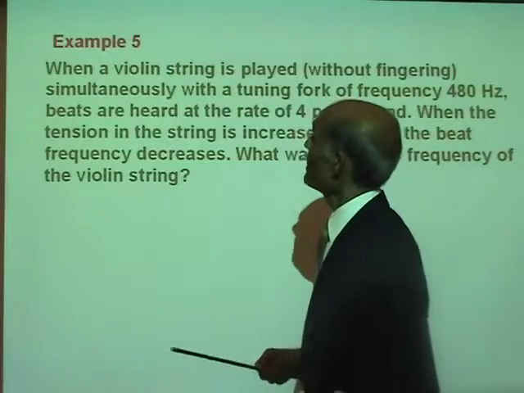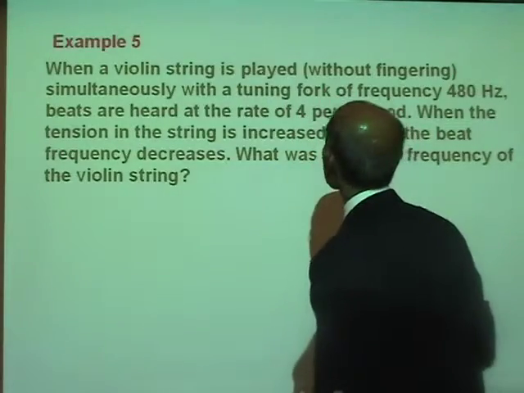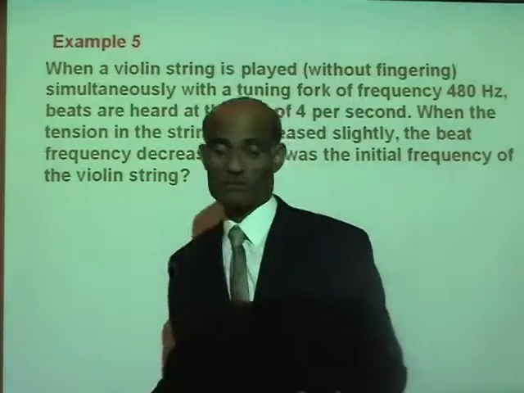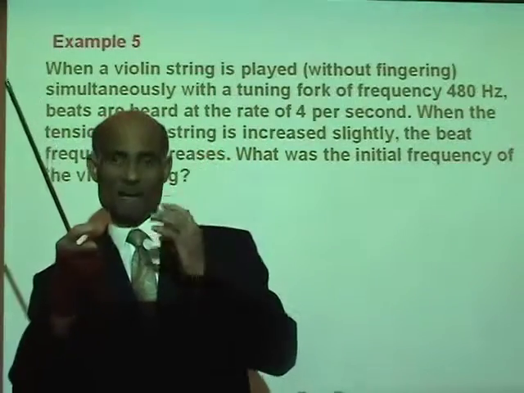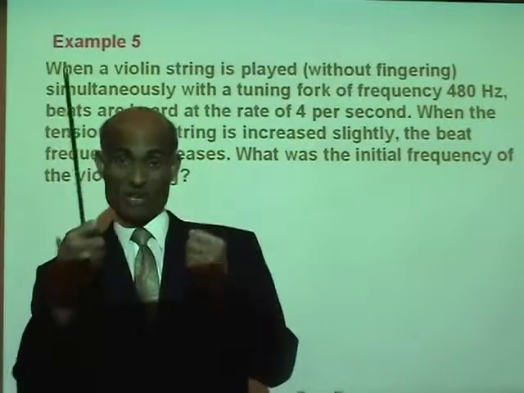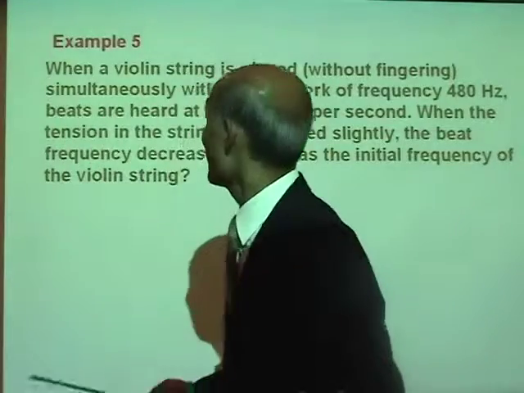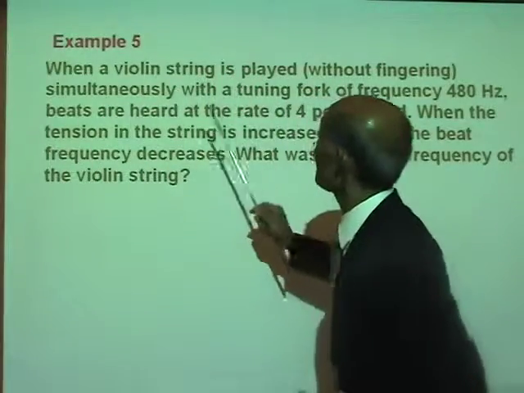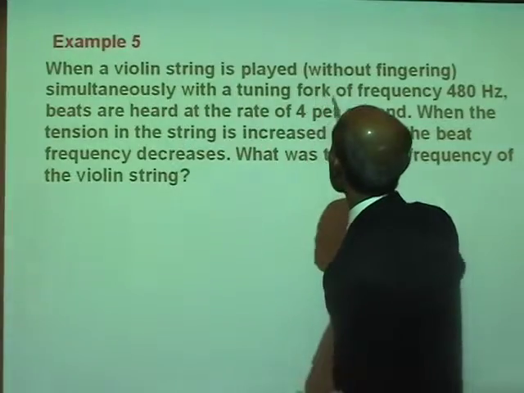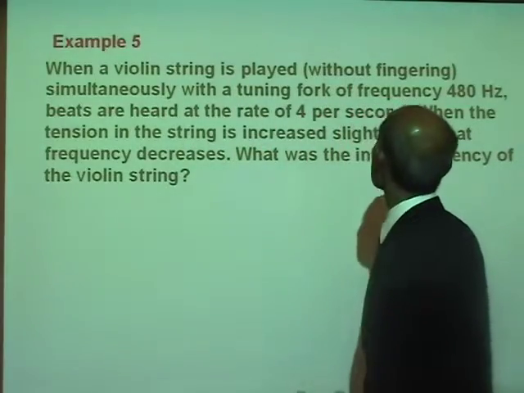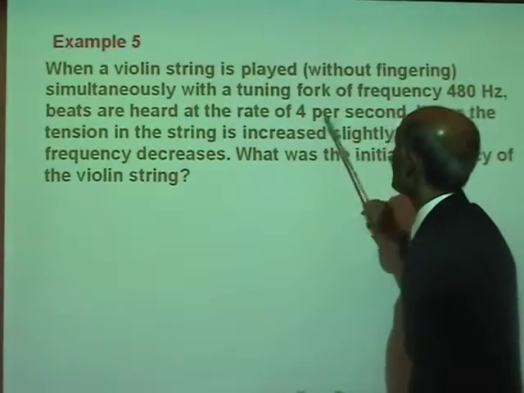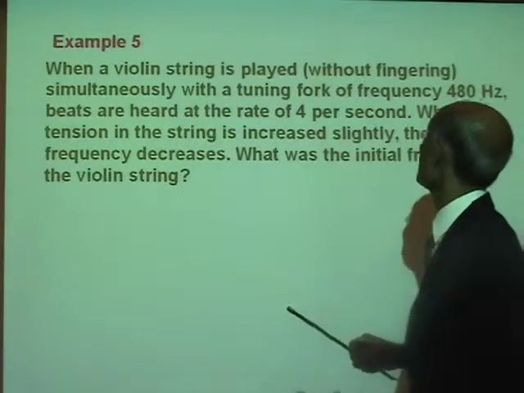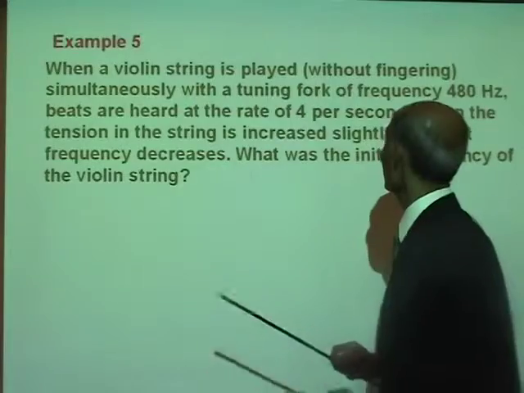Another one. When a violin string is played without fingering, well, you know a violin is played by adjusting the length by using your fingers, is that right? When a violin string is played without fingering simultaneously with a tuning fork of frequency 480 Hz, beats are heard at the rate of 4 beats per second.